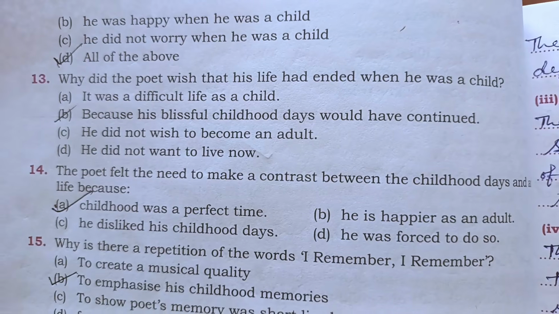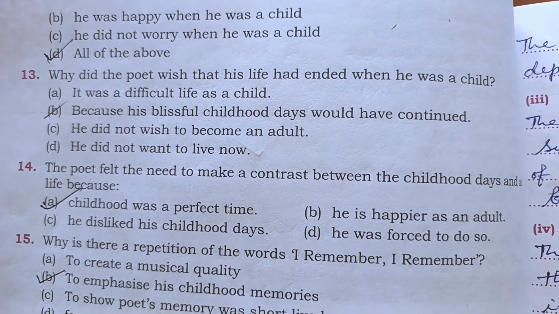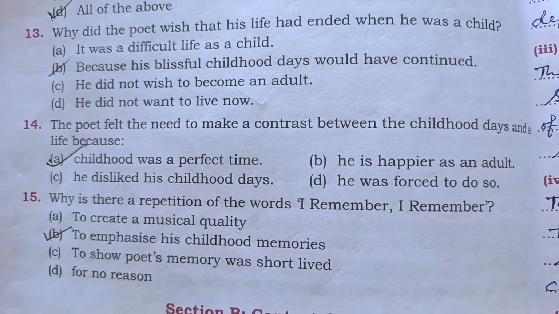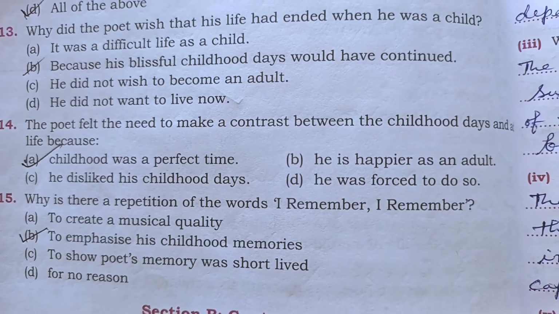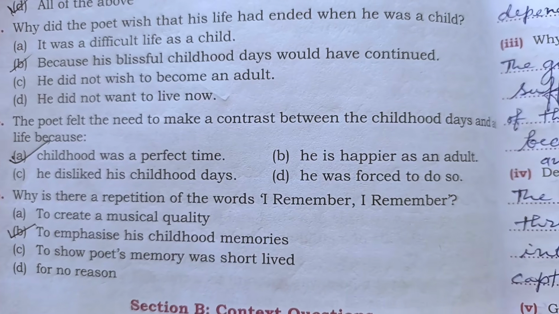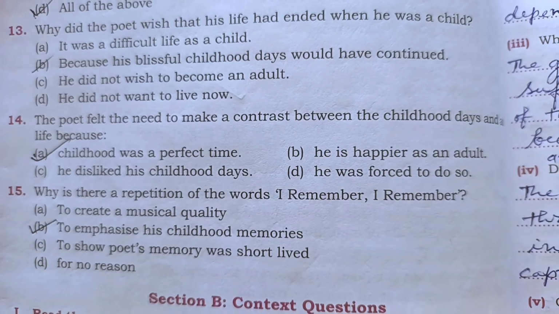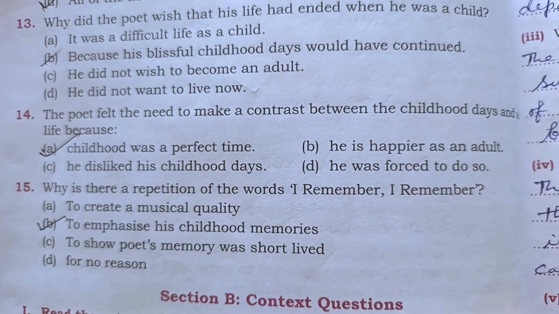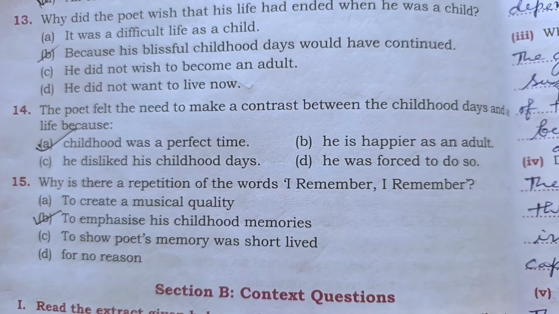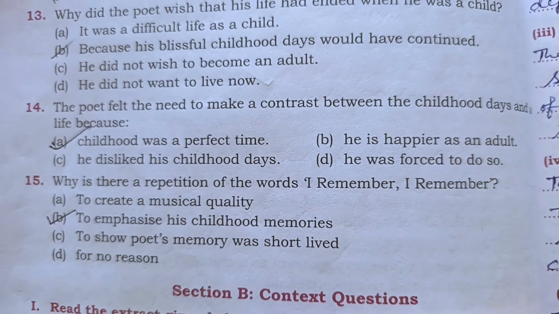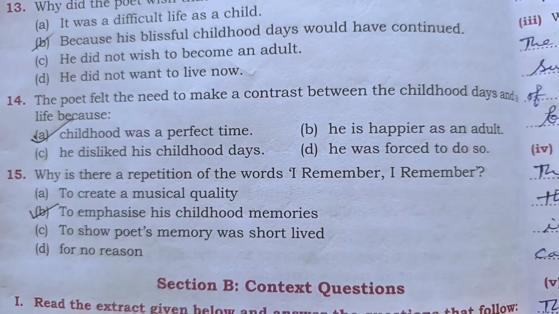Option B is correct, because his blissful childhood days would have continued. Number 14, the poet felt the need to make a contrast between the childhood days and, option A is correct, that is childhood was a perfect time. Number 15, why is there a repetition of the words I remember, I remember? The correct option is B, to emphasize his childhood memories.